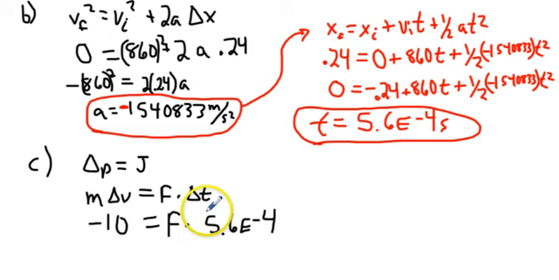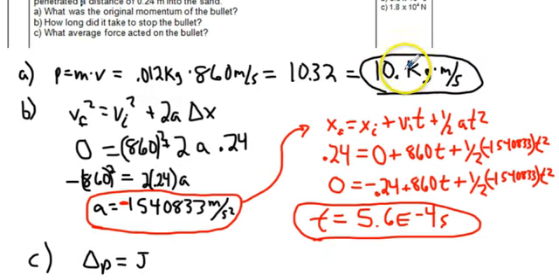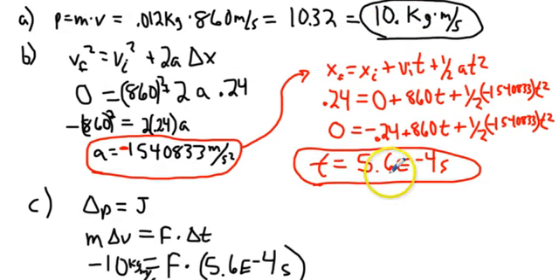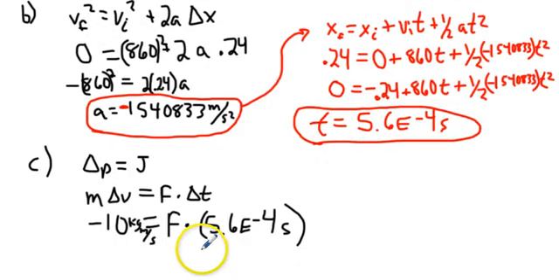By the way, when I perform this calculation in my calculator, I will actually go back and use the exact values that were calculated earlier. I would use the 10.32 and whatever other decimal places came along with it, as well as with this I'd use the 5.5788 number rather than using the rounded number to give a more precise final answer, and then I would round to the correct number of significant figures at the very end.